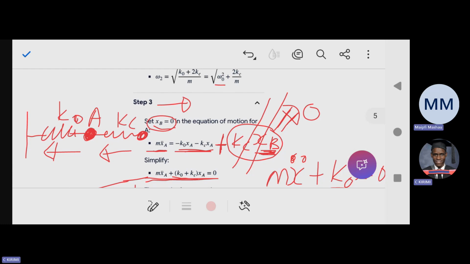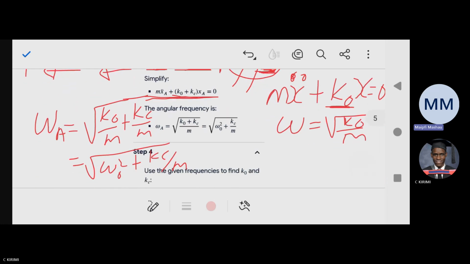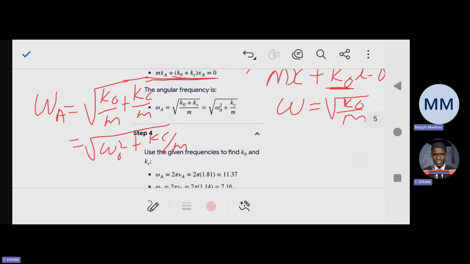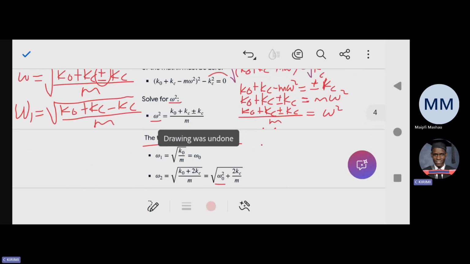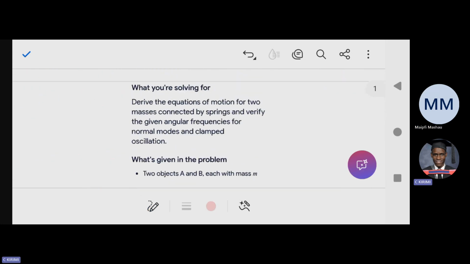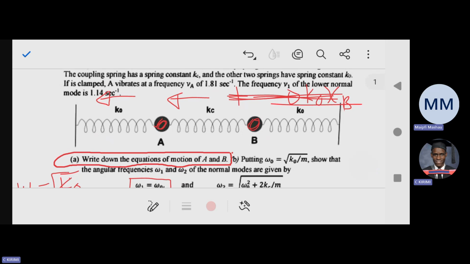Sorry to interrupt. The WA, you are showing that you are calculating the angular frequency of object A, of that mass A. That's what it means. I thought the A stood for something else, I was being confused.